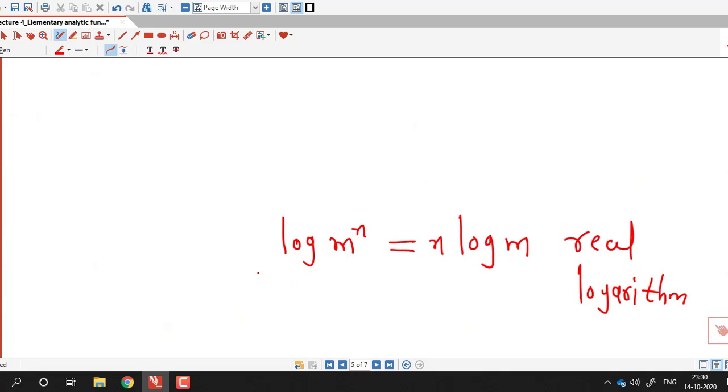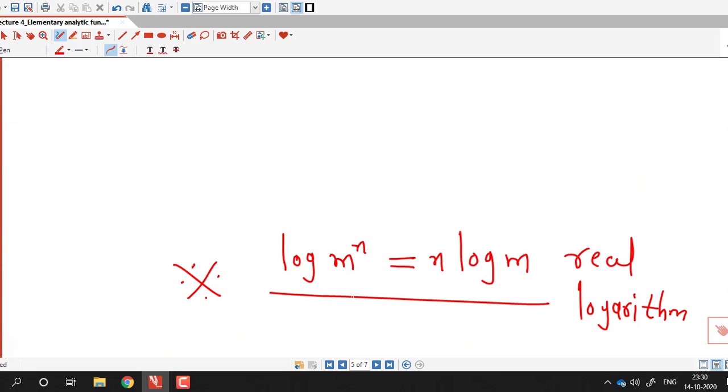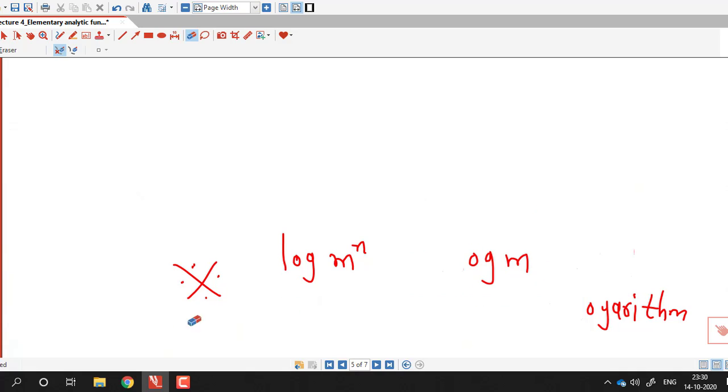But for complex logarithm, this property is not always true. So we will consider the example which will show that this property is not true for complex numbers. So our next example is on this property. Why it is not true, that we discuss with this example.